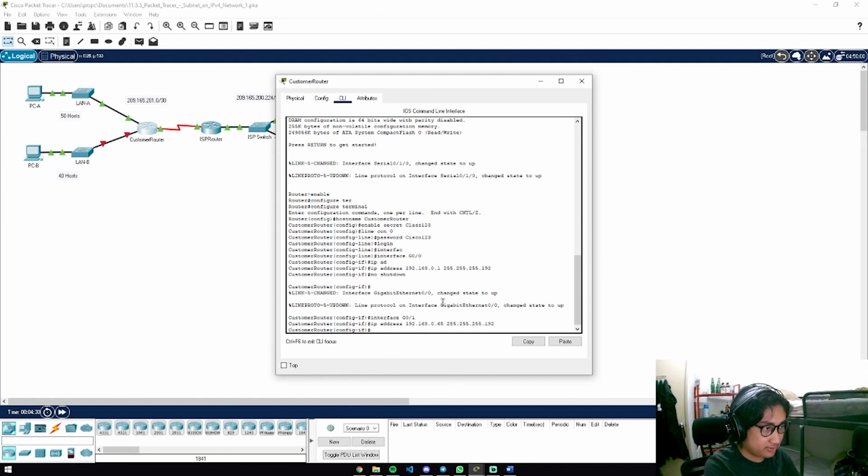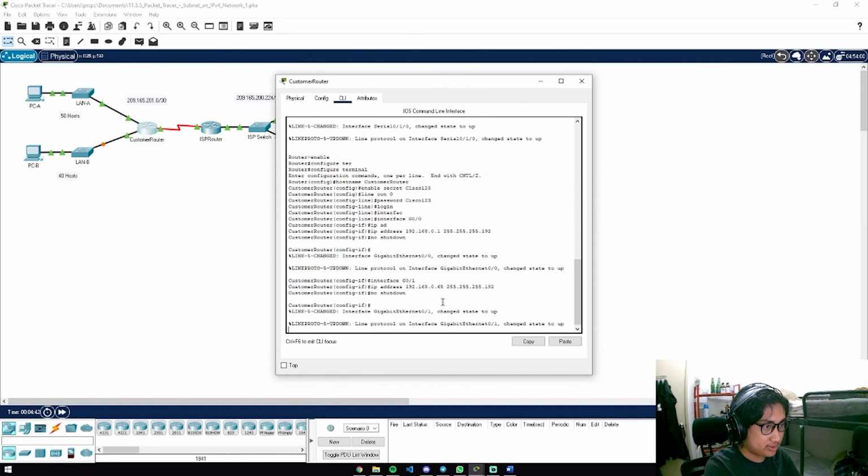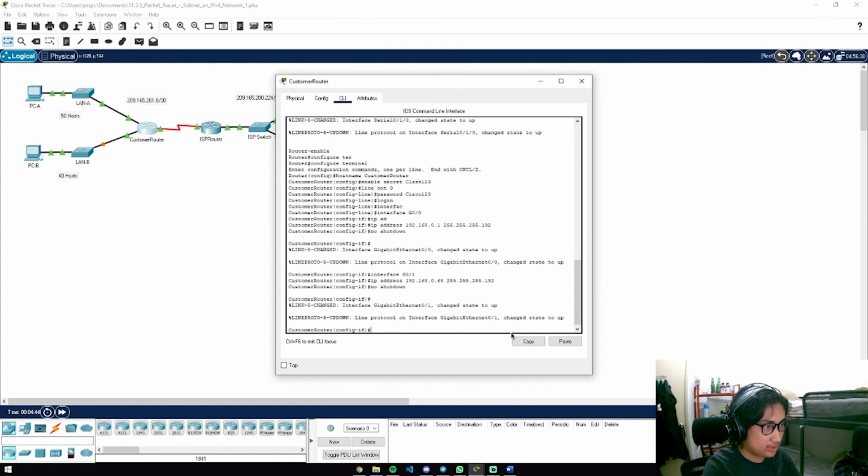After that, we do the same thing again, no shutdown, and it will say has changed. And then now you have to interface with the serial port.